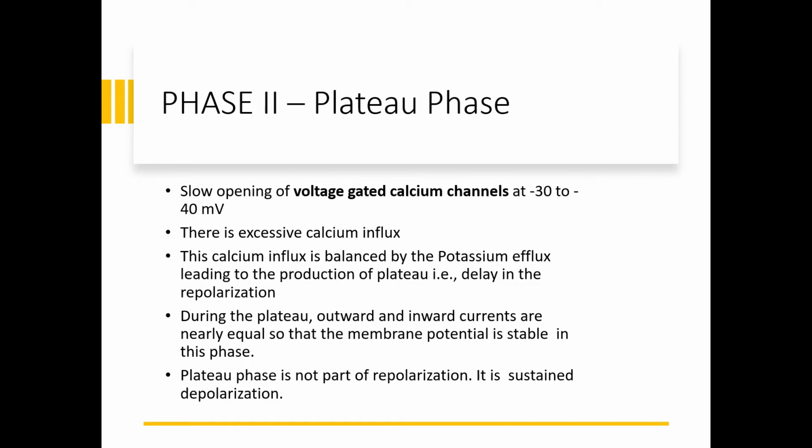During the plateau phase, outward and inward currents are nearly equal. The amount of positivity moving outside is nearly equal to the amount of positivity moving inside the cell, so the membrane potential is stable in this phase, and we find a straight line on the graph. The plateau phase is not part of repolarization, it is sustained depolarization.